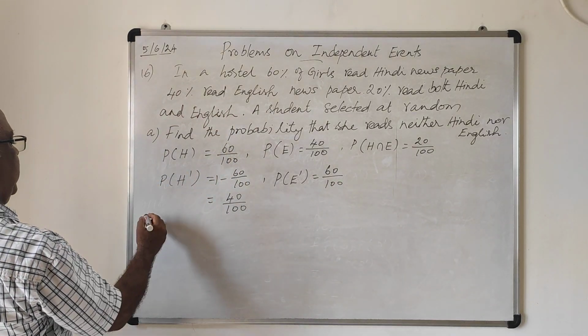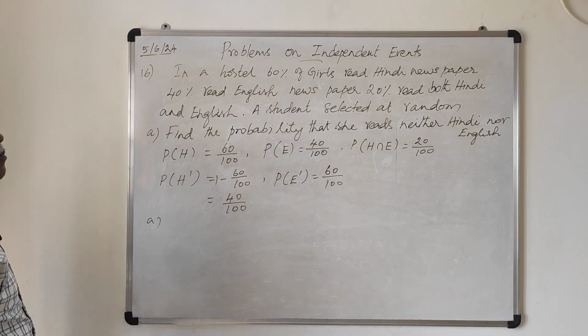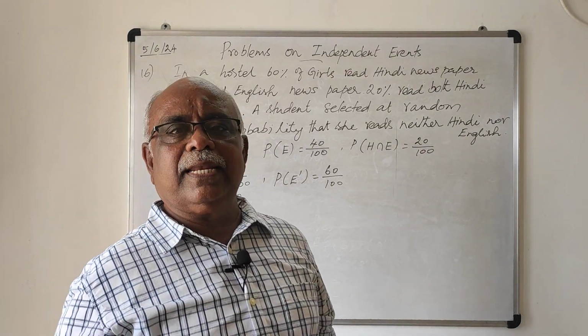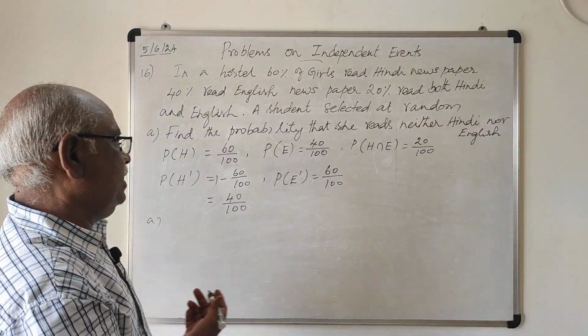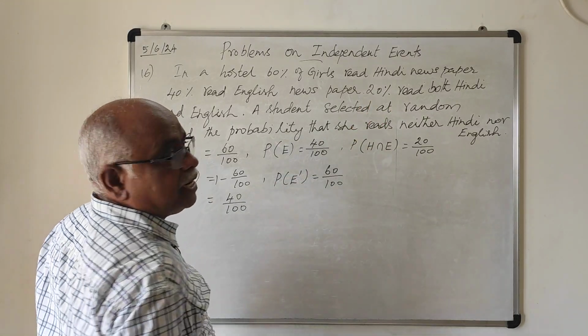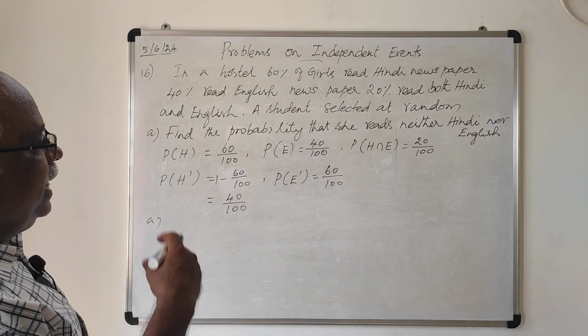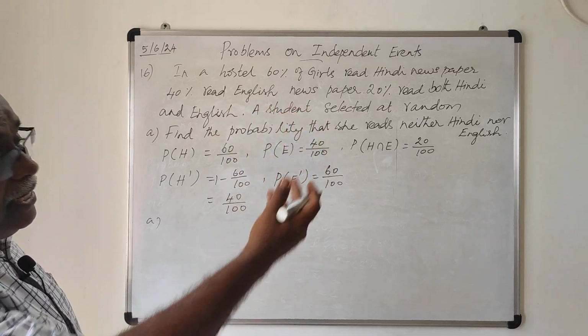For the first case, we want to find the probability that the girl reads neither English nor Hindi.